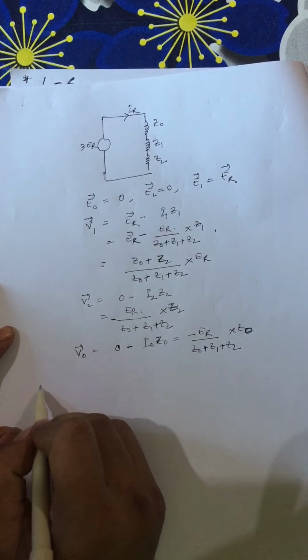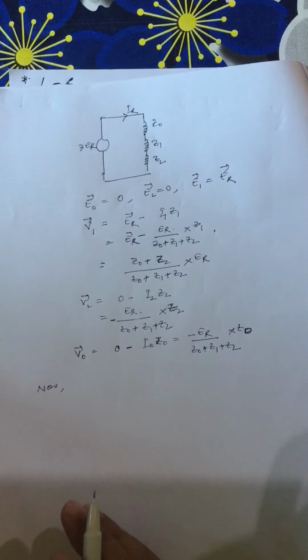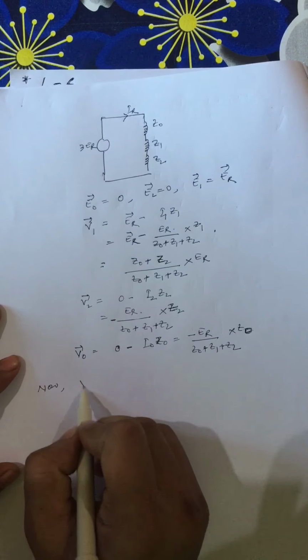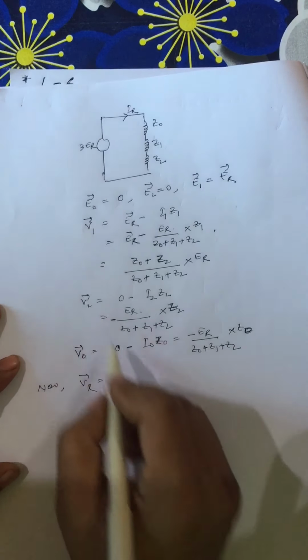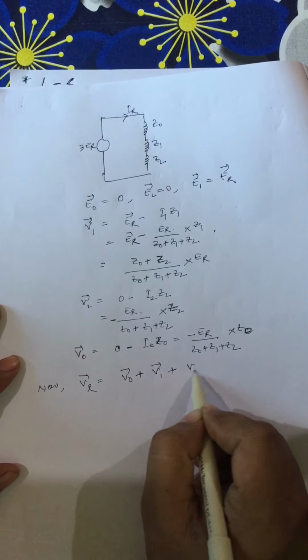Now friends, as we discussed, VR was 0, so we can prove this as VR equals V0 plus V1 plus V2.